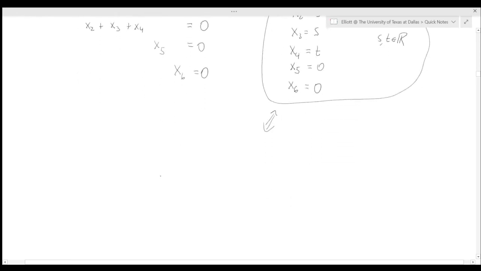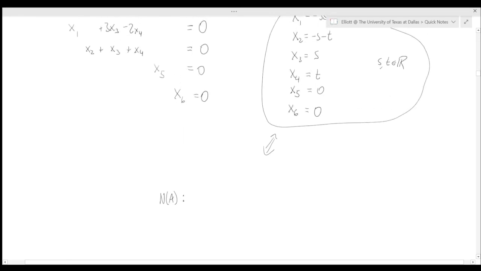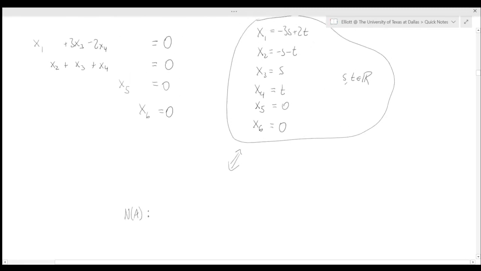So now I'm just going to rewrite that. Remember that the solutions give us the null space.